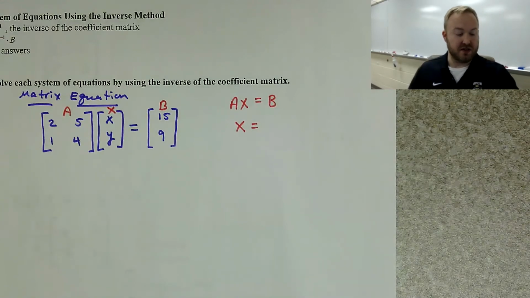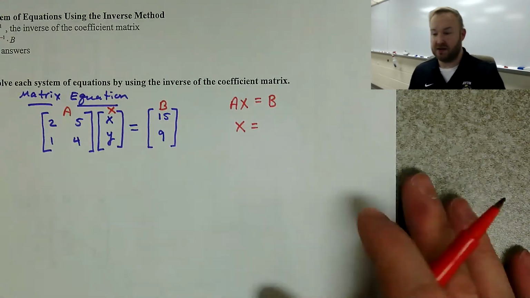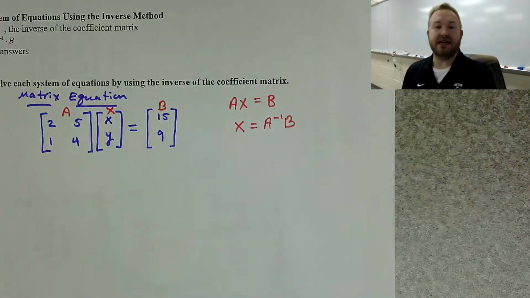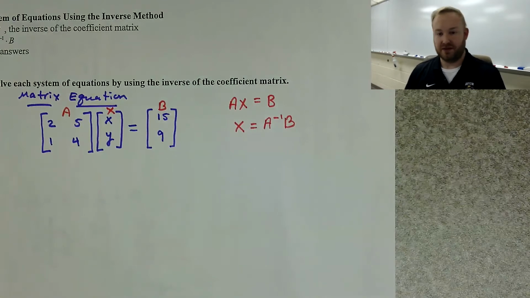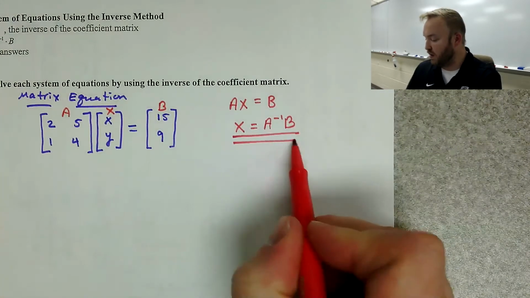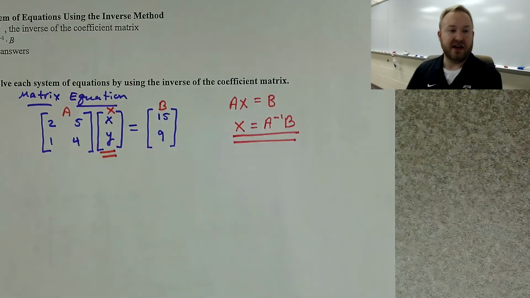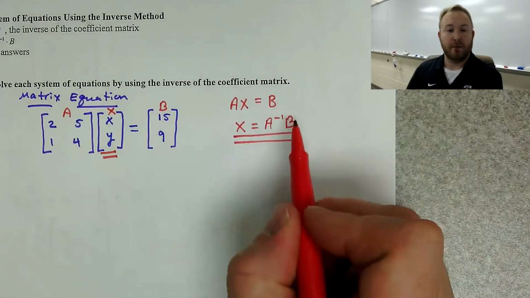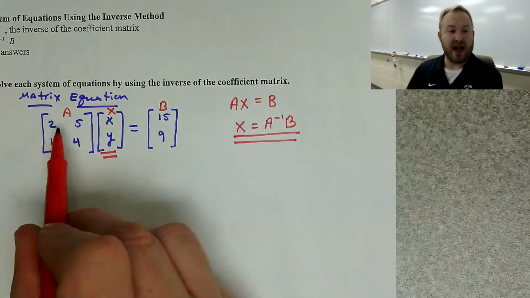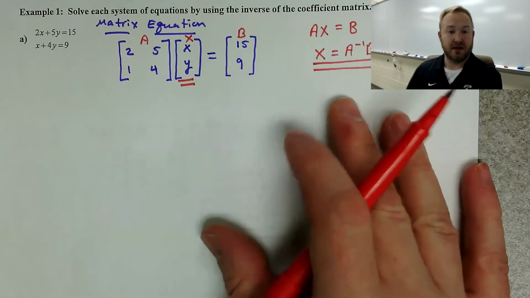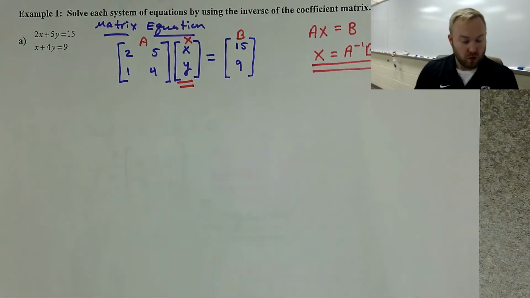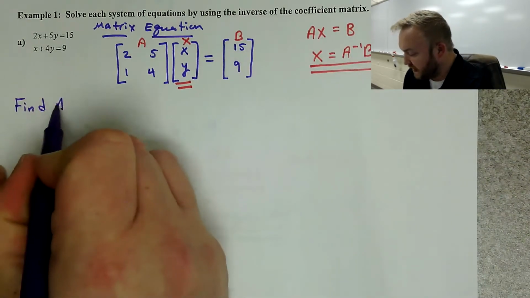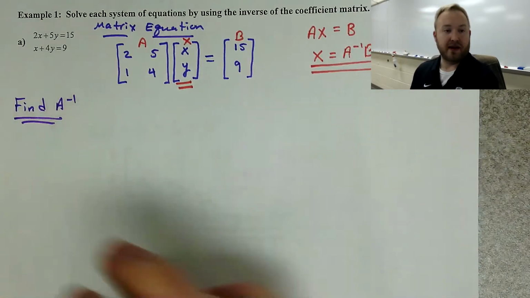So instead of dividing both sides by matrix A, I'm going to multiply both sides by the inverse of matrix A. And so this is how we're going to solve for matrix X. We're going to do A inverse times B. So we need to find the inverse of matrix A.